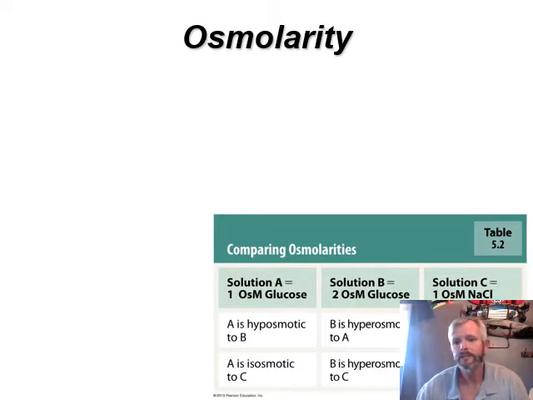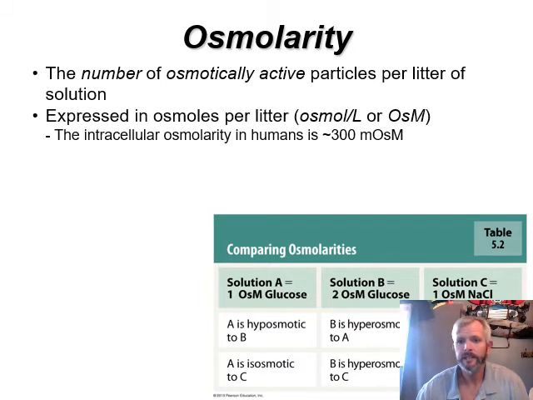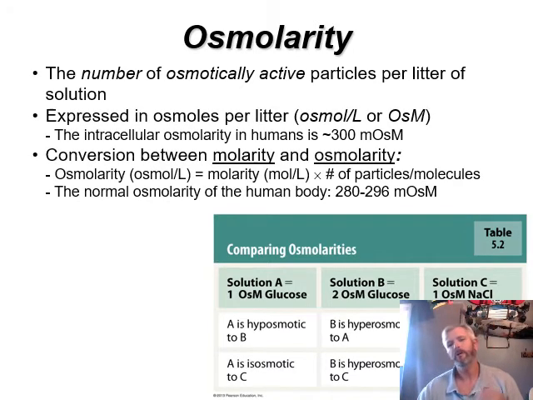All right, so let's learn some terminology and what's going to dictate this. We've already discussed molarity. Molarity tells me how much of a certain molecule is in a solution.